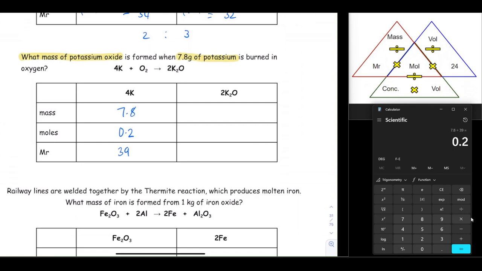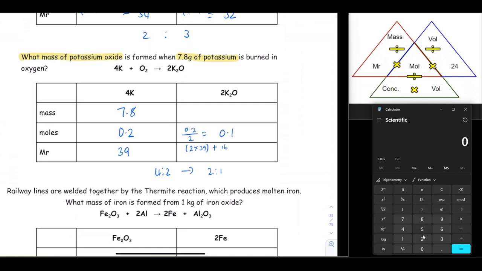I've got a 4 to 2 ratio. Well, 4 to 2 simplified is 2 to 1. That's the simplest version. So if I've got 0.2 moles of potassium, I need 0.2 divided by 2. That gives me 0.1. The MR of potassium oxide is 2 times 39 plus 16.